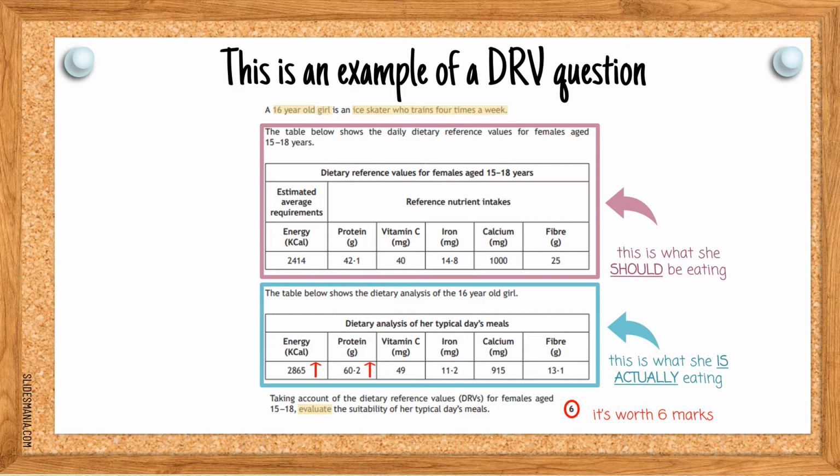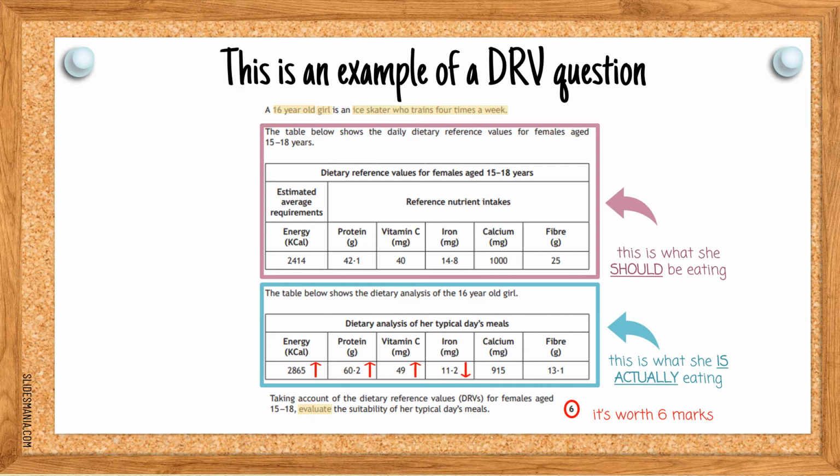Similarly for protein, she's also eaten more than she requires because she's eaten 60.2 grams of protein and she only needs to eat 42.1 grams. The same for vitamin C. She's eating 49 milligrams of vitamin C and she only needs to eat 40.